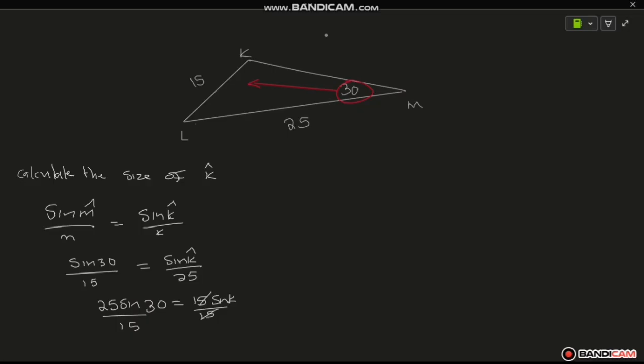Therefore, what we have now is, I'm trying to punch my calculator right here. So it's sine K equal to 25 sine 30 over 15. It's 5/6.